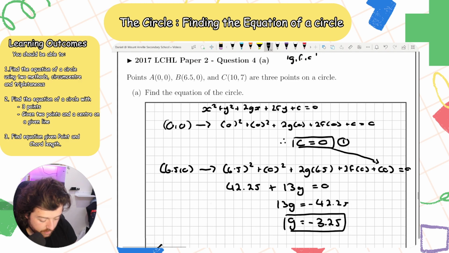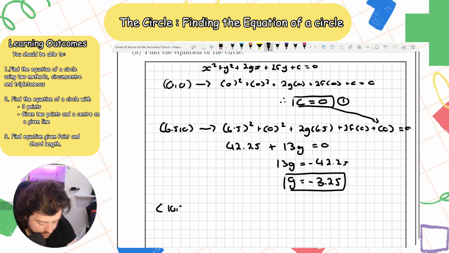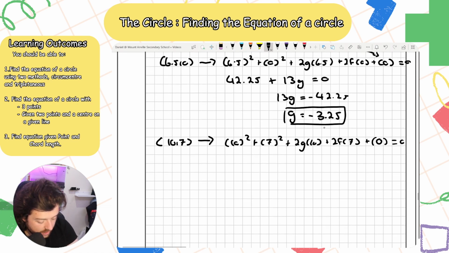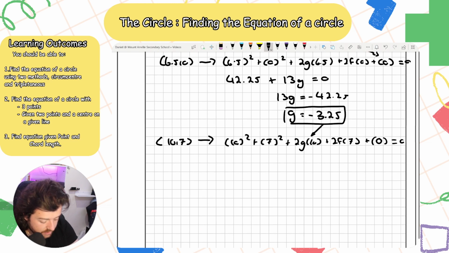And then still with the last point here, 10, 7. I have 10 squared plus 7 squared plus 2g times 10 plus 2f times 7 plus c, and c we know to be 0, equals 0, and g is equal to minus 3.25.